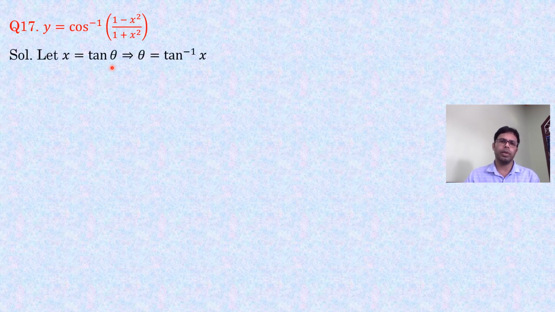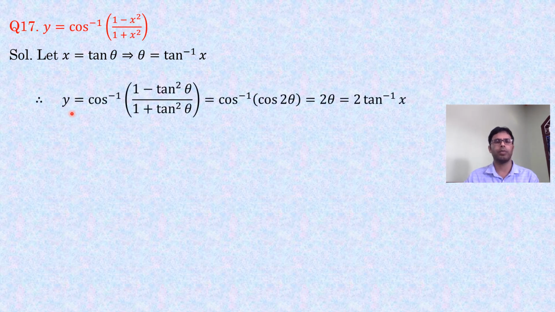So let x is equal to tan theta, then theta is equal to tan inverse x, like the previous question. So y is equal to cos inverse of (1 minus tan square) divided by (1 plus tan square), which is equal to cos inverse of cos 2 theta. This will eliminate each other, giving 2 theta, and so it is 2 into theta, which is tan inverse x. Now actually y is equal to 2 tan inverse x.